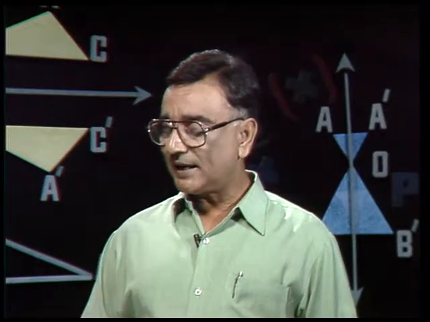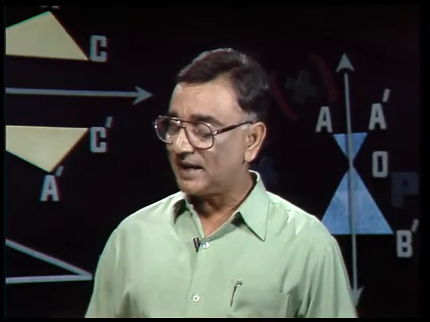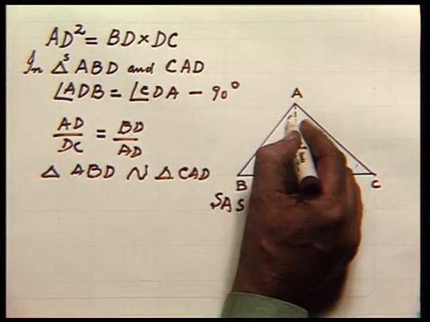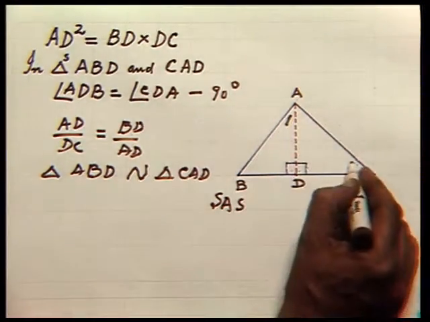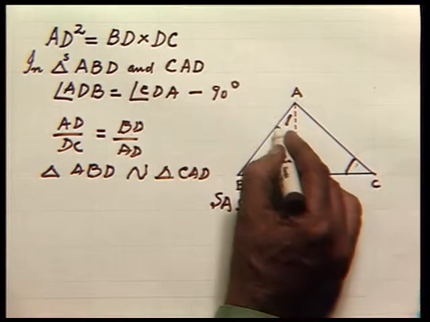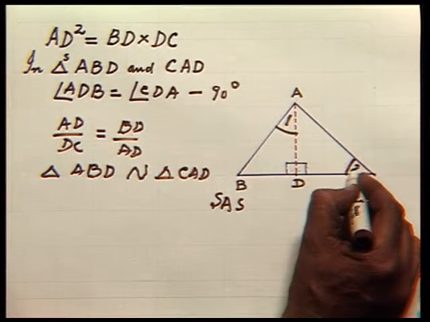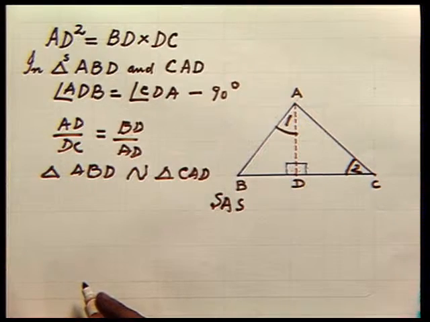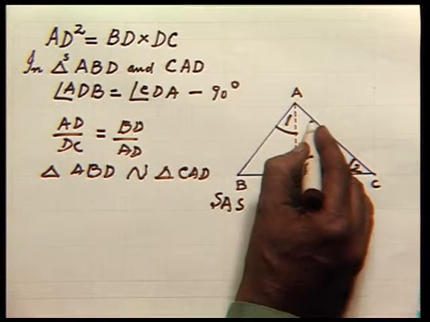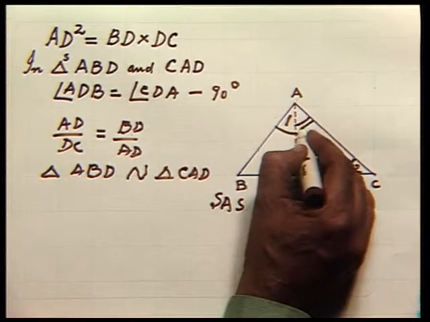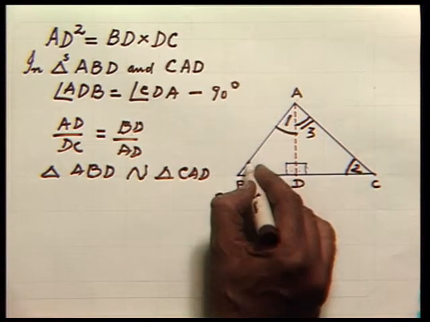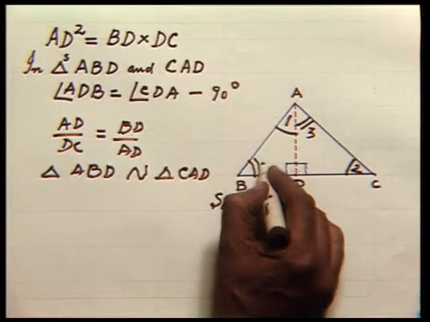Now, if these triangles are similar, then this angle, if I name it as 1, will be equal to this one, that is, let us say angle 2, and this angle, if I name it angle 3, will be equal to angle 4.